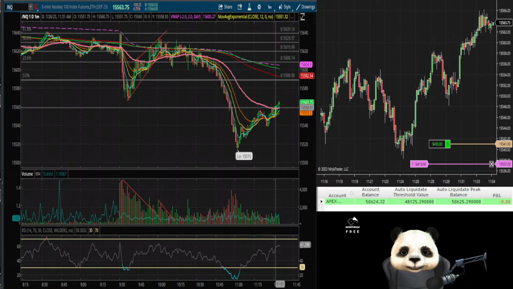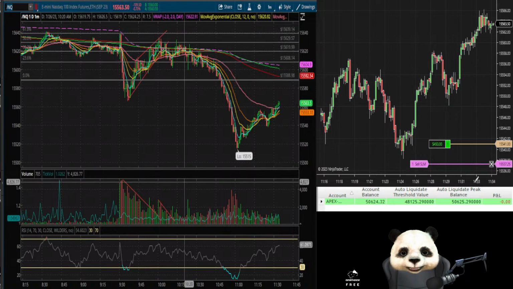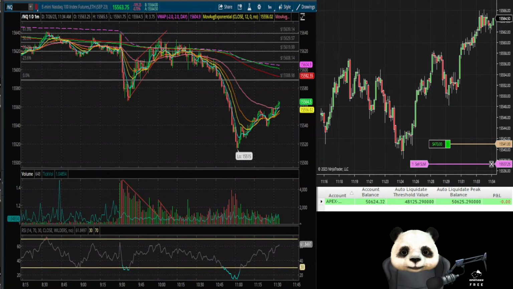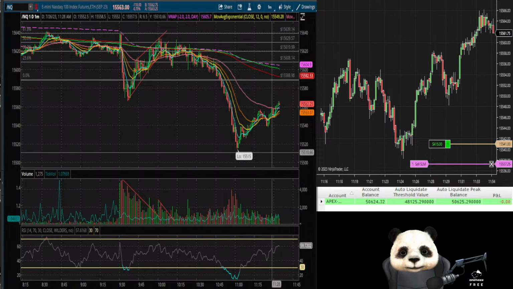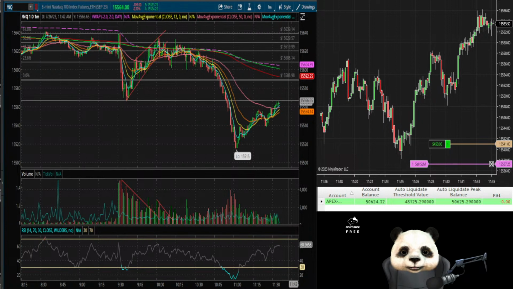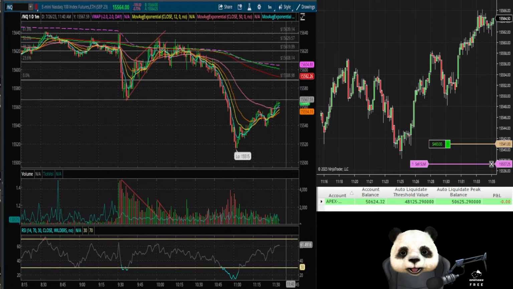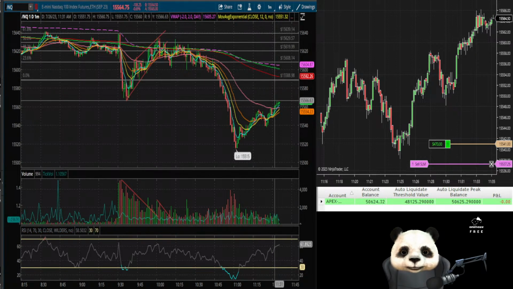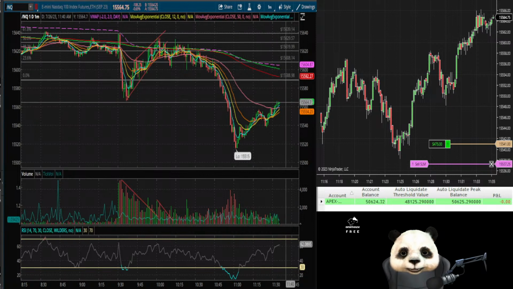So ES is still struggling to break above this 4,585 level. If we break above it, I'm seeing more upside on the Nasdaq, but I really want to break above it right now. Come on, guys. Because this low is going to be acting as some support, and I'm about ready to exit this position.